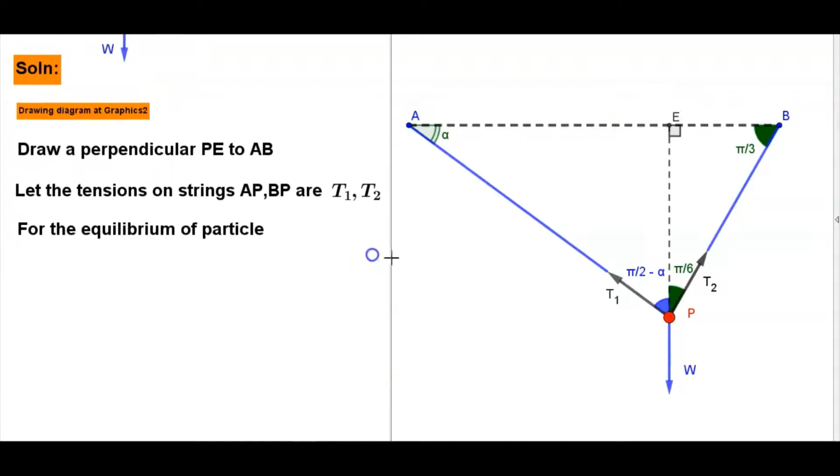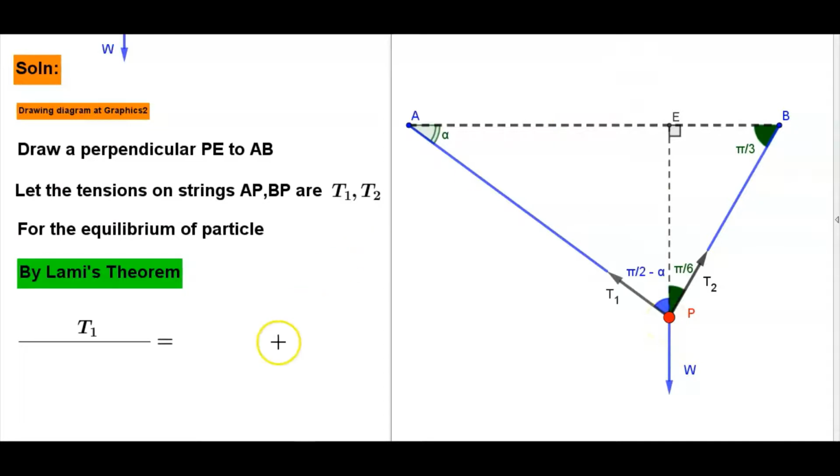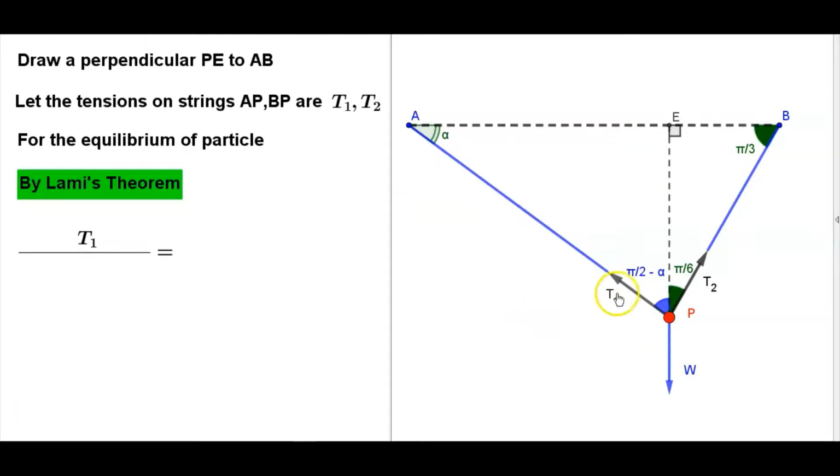For the equilibrium of the particle, there are 3 forces acting on it: in this direction T2, in this direction T1, and vertically downward W. The particle is in equilibrium. Therefore, we can use Lami's theorem. By Lami's theorem, T1 over the sine of the angle between the other two forces.